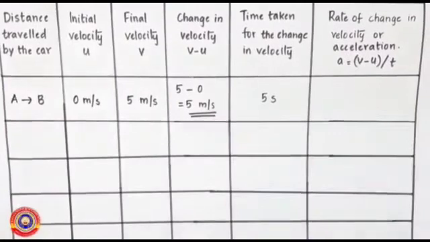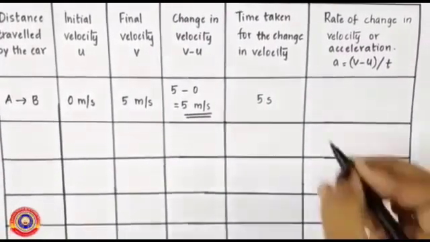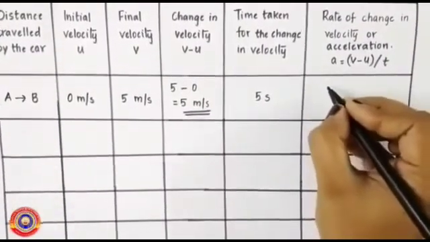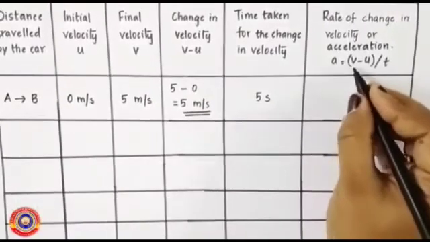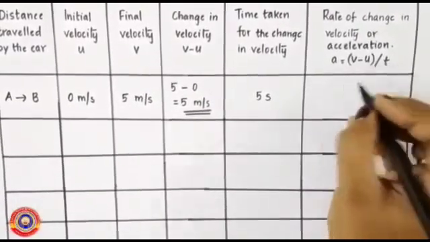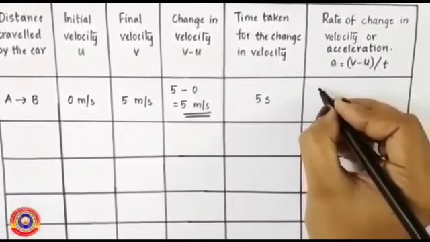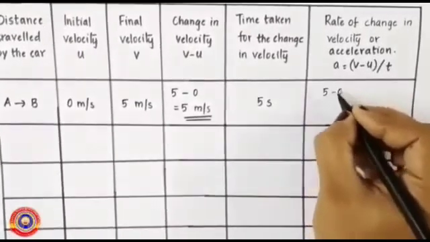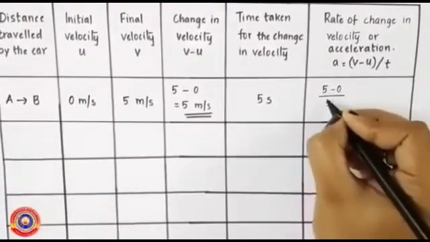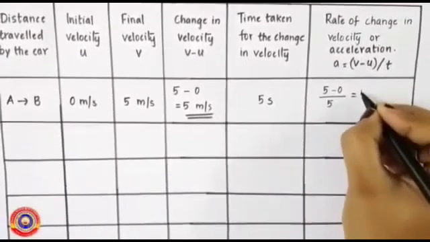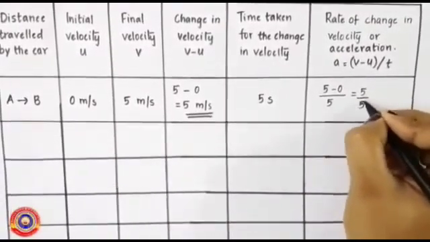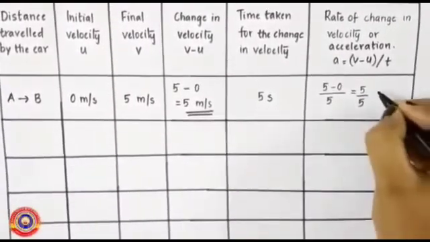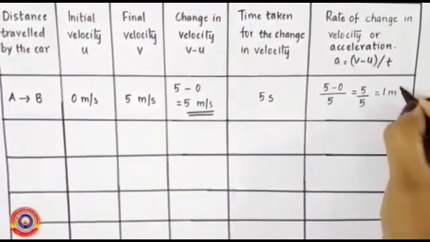Now we are going to find out the rate of change in velocity. Rate of change in velocity means change in velocity divided by time. So 5 meters per second divided by 5 seconds. Cancelling each other, we got 1 meter per second square.